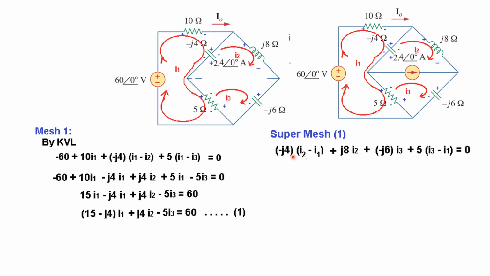So minus J4, I2 minus I1. Then we come here J8 I2. We come here again minus J6 I3, and here again we have two currents, so 5 I3 minus I1.